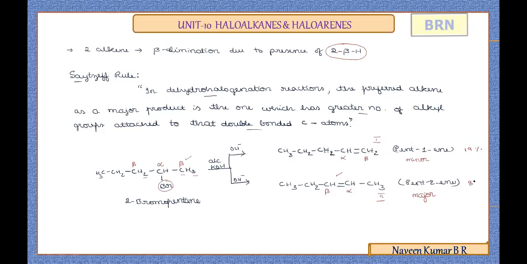The remaining 81% of the yield is from pent-2-ene as the major product due to the stability of this product. Now this is how we can understand how the beta elimination or dehydrohalogenation takes place for formation of unsymmetrical alkenes.